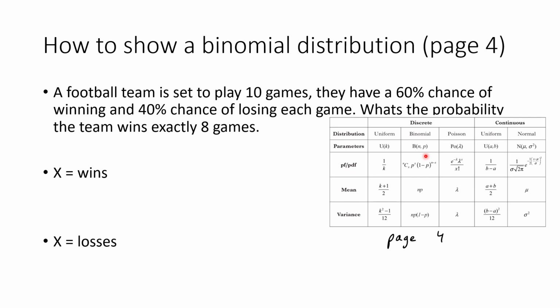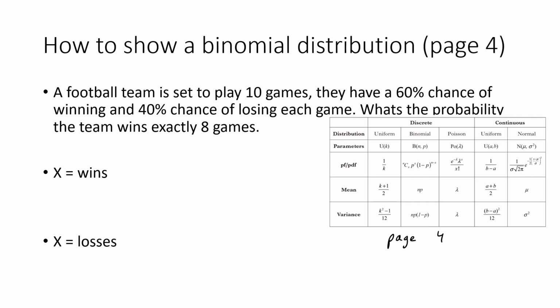What we need to look at here is the probability distribution function. With this, we can figure out the chance of a team winning exactly 8 games or exactly 7 games. We can't figure out the probability of a team winning more than 5 games without it becoming a bit tedious, and there are better ways to do that. So right now we'll stick with exact values.